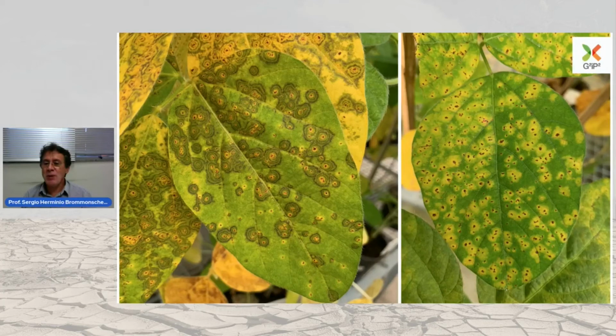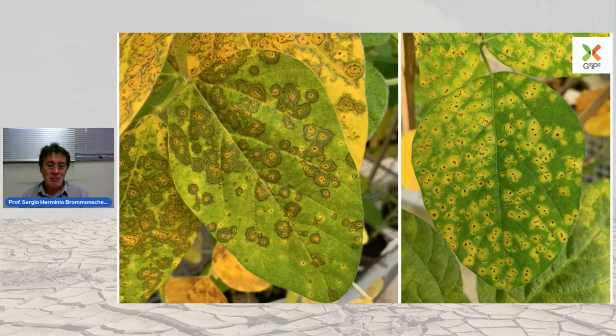Or sometimes we have this yellow color around the infection point. And normally in both cases, we can see a very low level of sporulation. Okay? You can understand that this mutation, in the way that I'm showing you, is not useful for breeding.